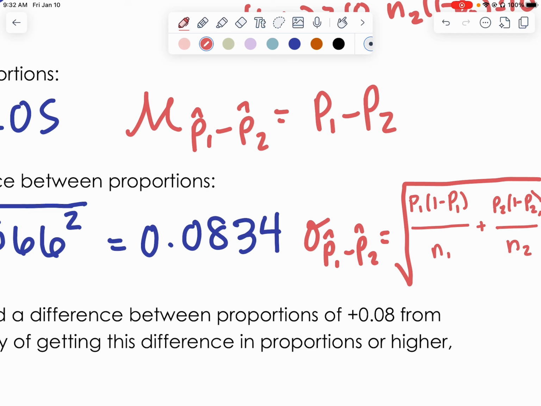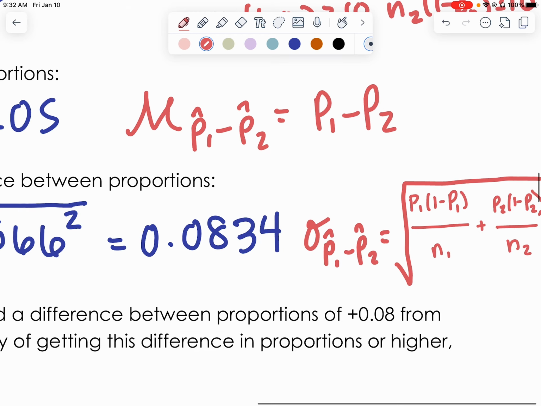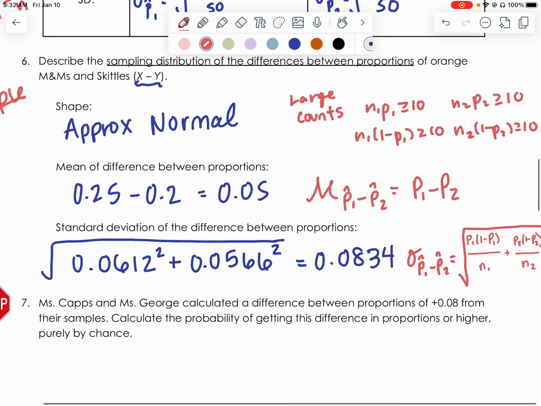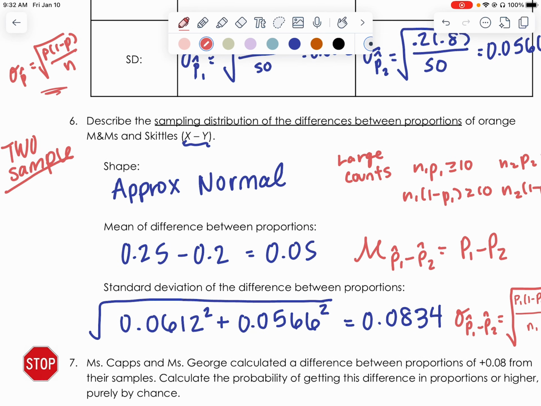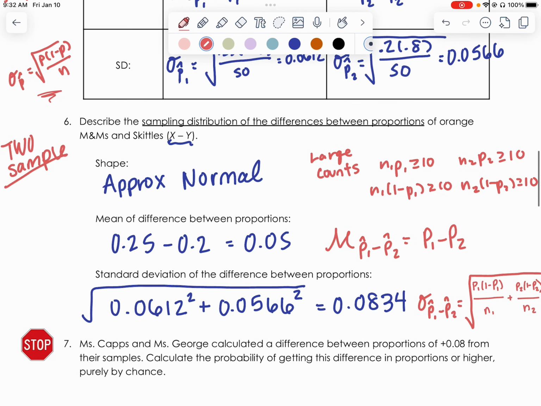And you might be thinking, well, I thought it was standard deviation squared plus standard deviation squared. This is taking the standard deviation formulas from one sample up here and then already plugging them in and simplifying that down, right? When I do standard deviation squared, I square away this original square root.